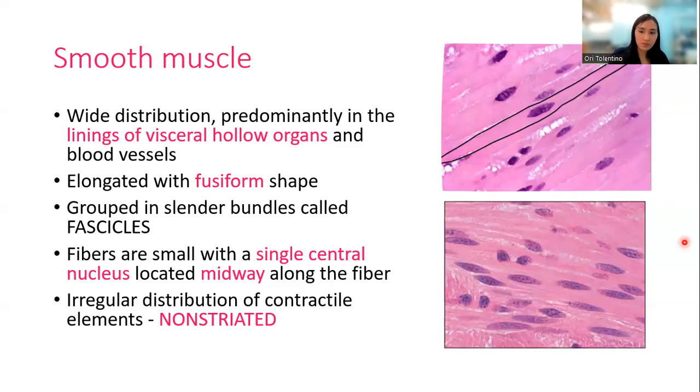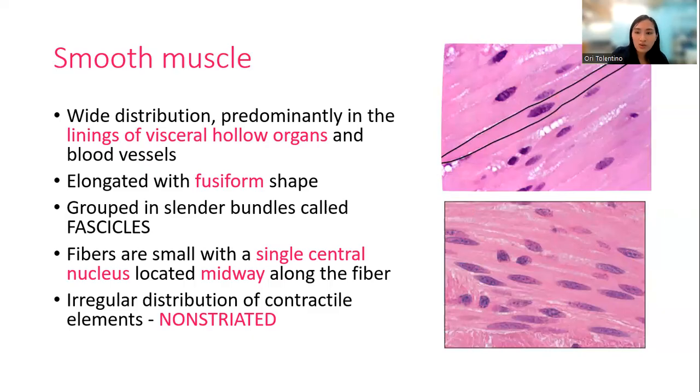The fibers are small with a central nucleus located midway along the fiber. It's always in the center of the fiber where it is the widest. So the fibers have a single central nucleus.